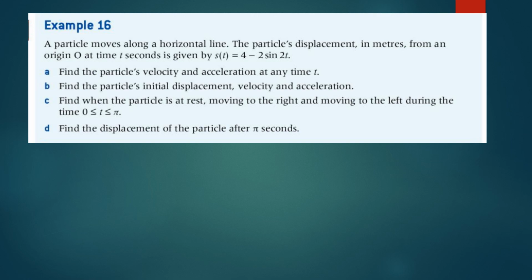So knowing that this is our displacement, or S of t, then our velocity is equal to the first derivative of s. The derivative of this is 0, so we get the derivative of the second term. So we have negative 2, in the form sine u, and the dy dx of sine u is cosine u.